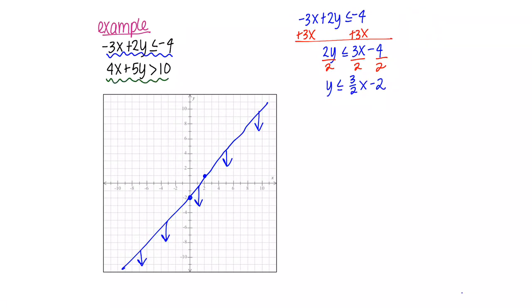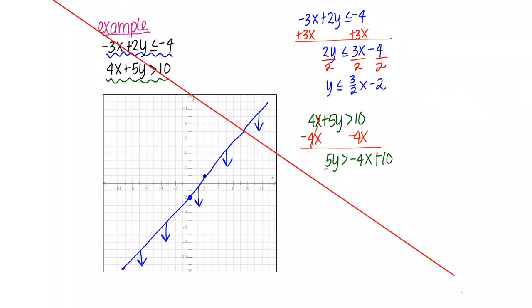For my second one, I have 4x plus 5y greater than 10. Subtracting 4x off both sides, I have 5y greater than negative 4x plus 10. Divide everything by 5.